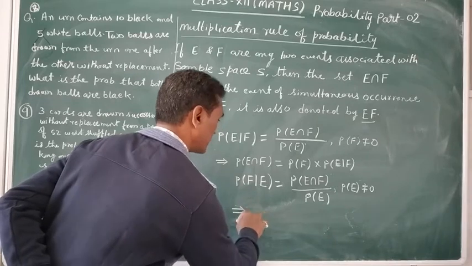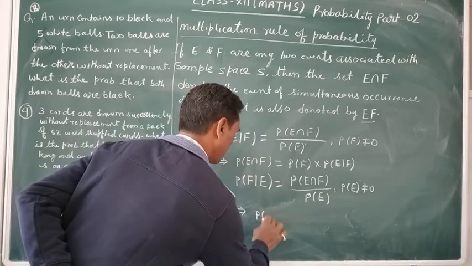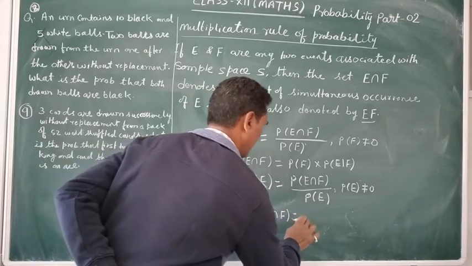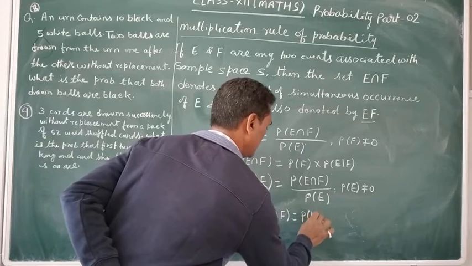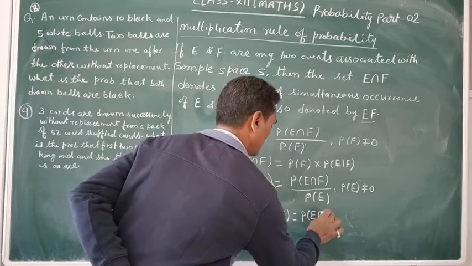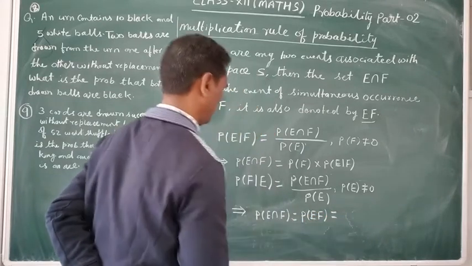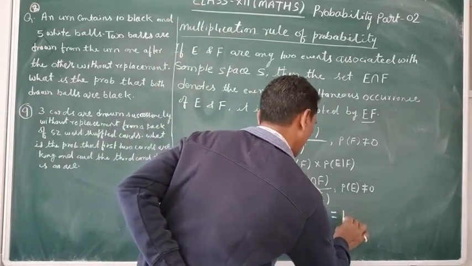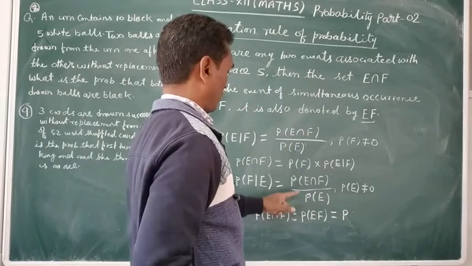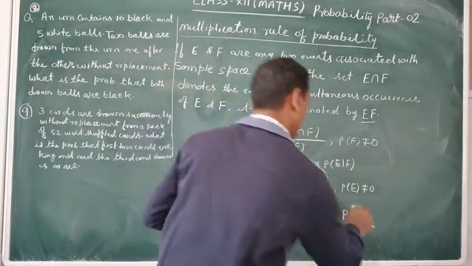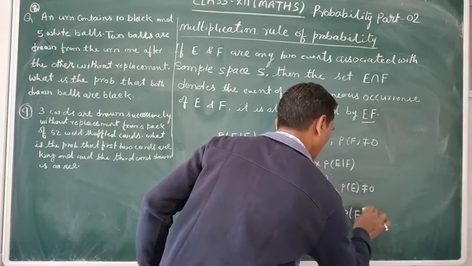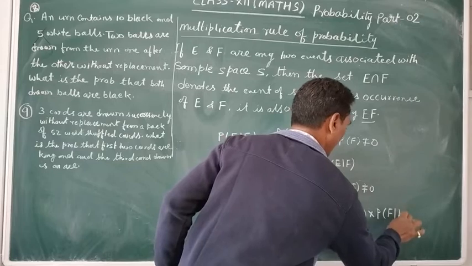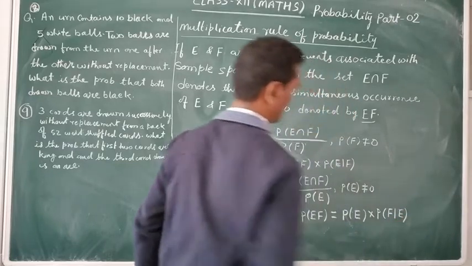Here also, if you multiply, P(E intersection F), which can be written as P(EF), is equal to P(E) into P(F) when E has already occurred.